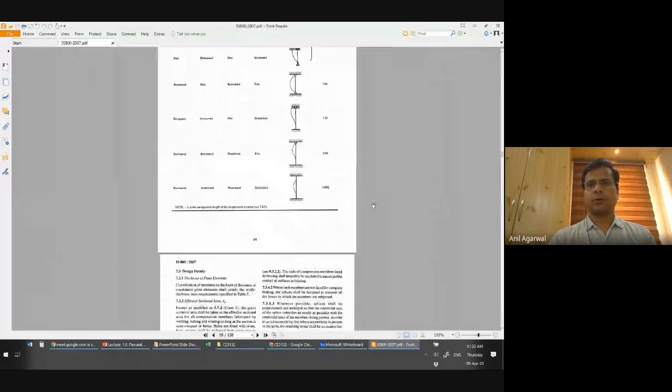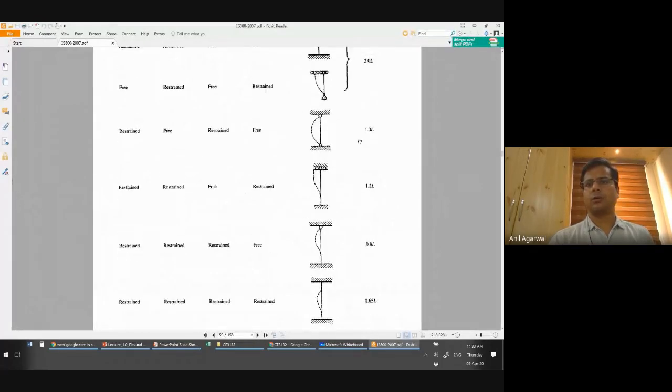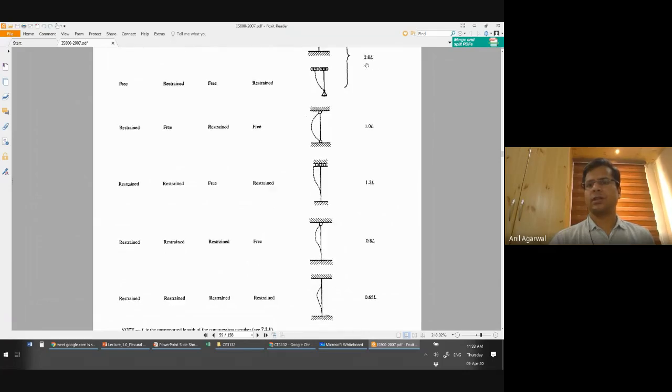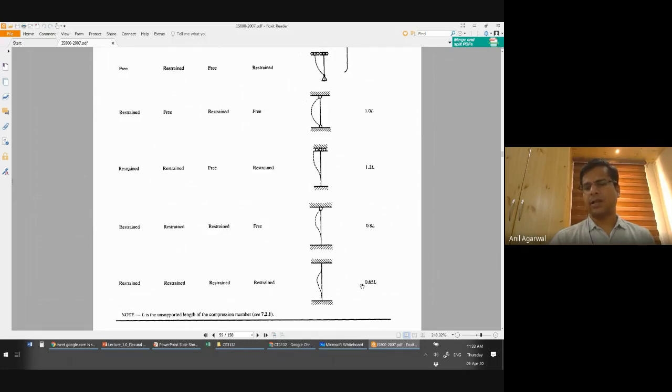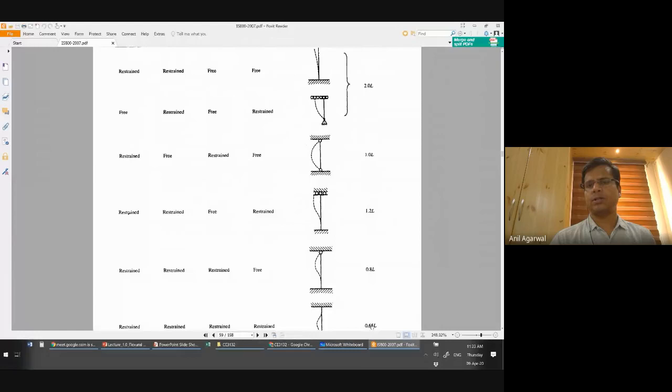For columns, we had this kind of table. It depended on whether we are allowing lateral movement at one of the ends, and whether we are allowing rotation or not. Based on those things, the factor K changes its value. The factor K can theoretically be between 0.5 to 2.0, but here it was given between 0.65 to 2.0. Actually, you may have up to infinity.